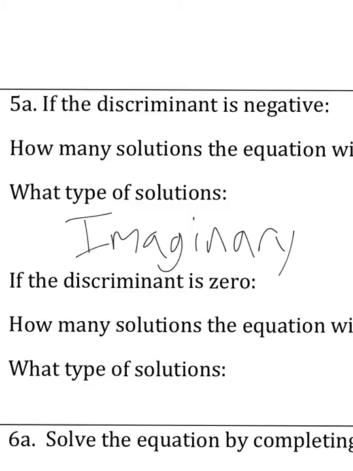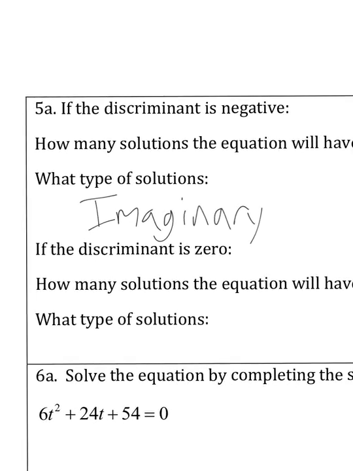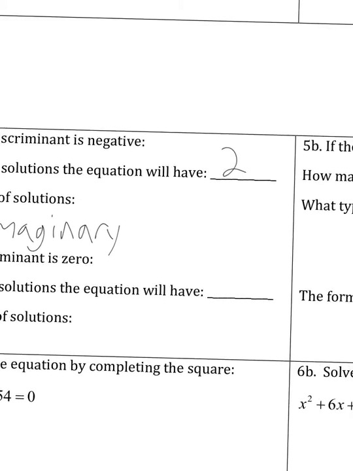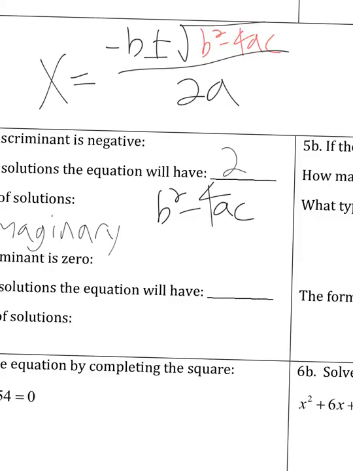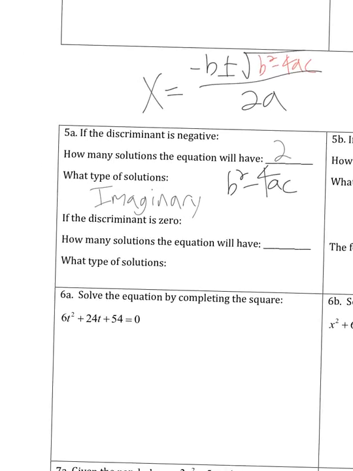Because if the discriminant is negative, you're ending up taking the square root of a negative number, because the discriminant is b squared minus 4ac, and that's part of the quadratic formula. All right, and so if this number ends up being negative, you're taking the square root of a negative number, which is why you're going to get an imaginary solution.